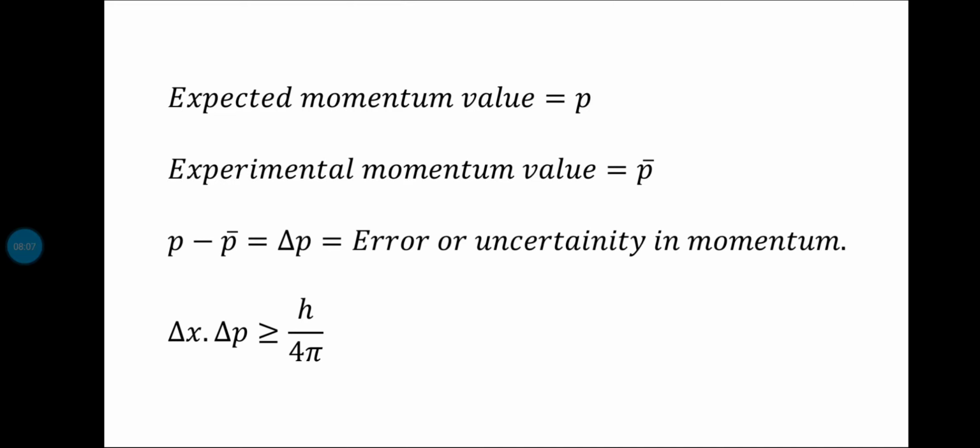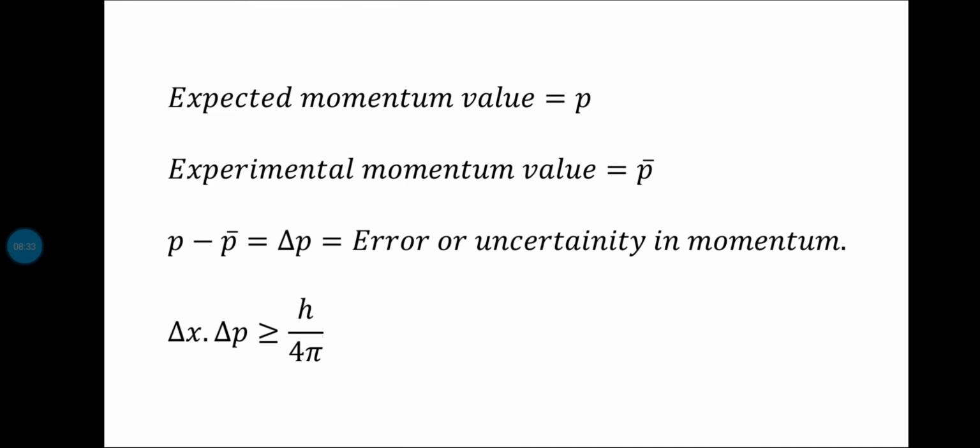You just determine the product of uncertainties, the simultaneous measurement of the product of uncertainties. If you take the product, what will be the value? The value will be greater than or equal to h divided by 4 pi.